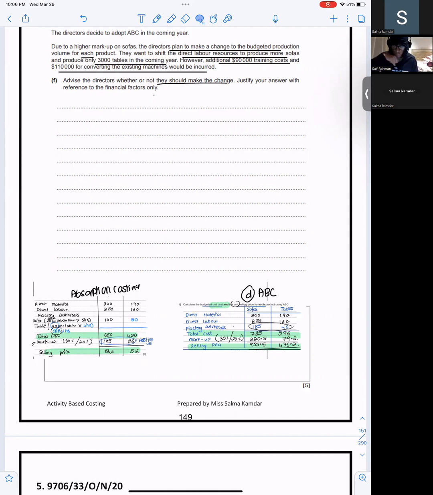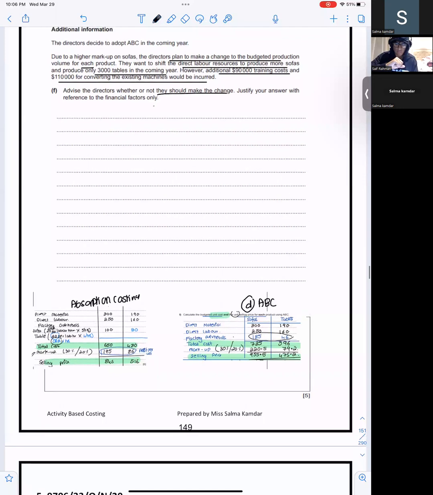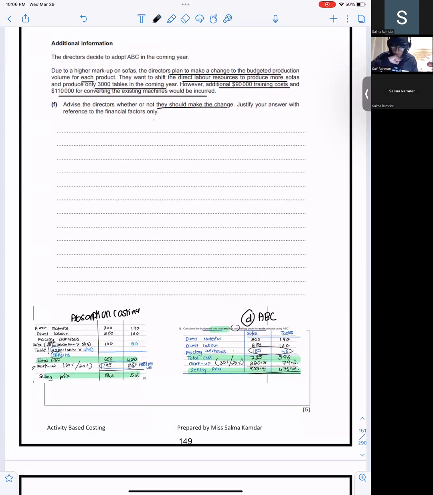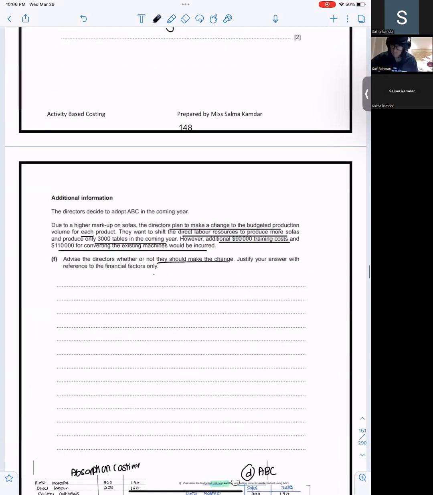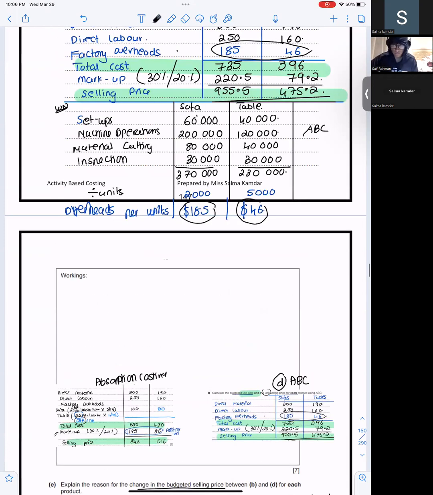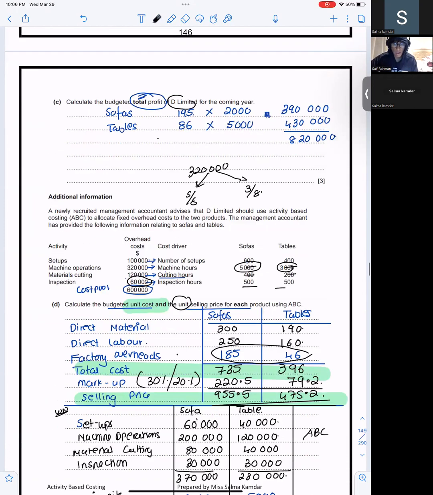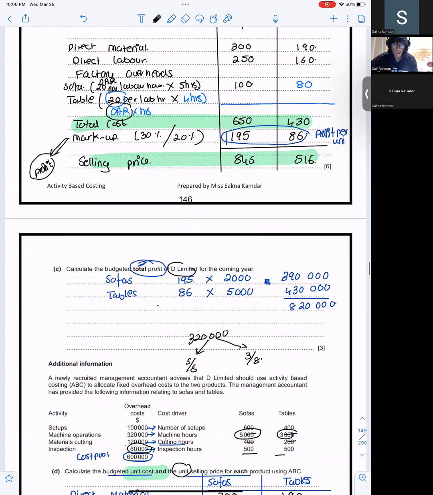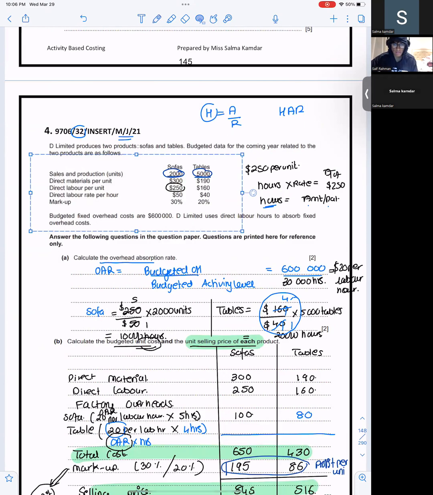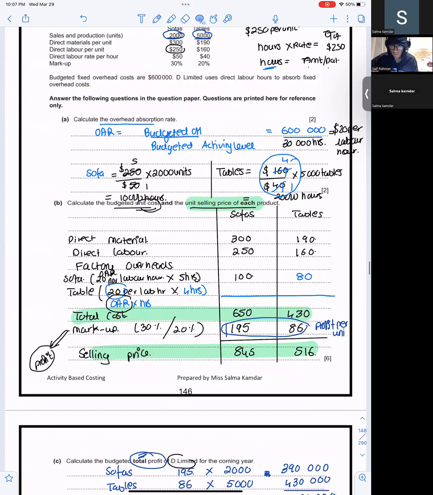Now let's see how many labor hours are required to make tables. We had our information right over here. They were making 2000 sofas and 5000 tables, right?